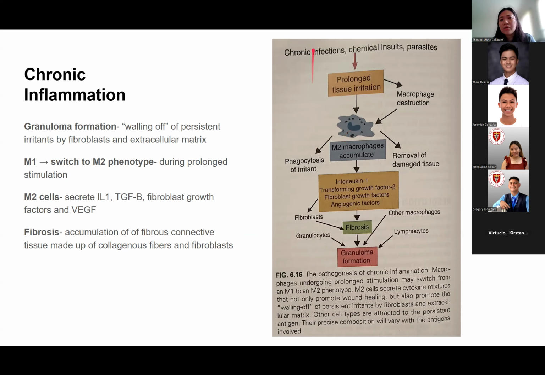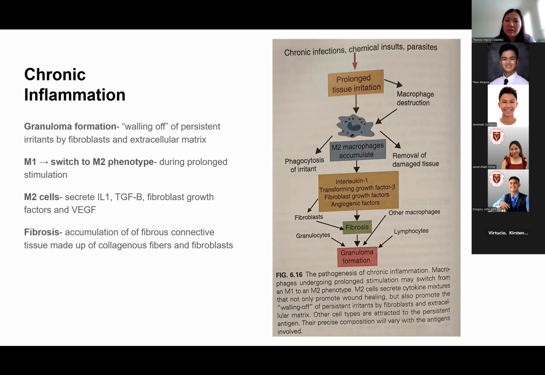So I was giving examples of chronic infections, some examples of antigens that are chronic. This will result in a prolonged period of tissue irritation. Some macrophages will be destroyed during this process, and some macrophages will remain in the M2 state.